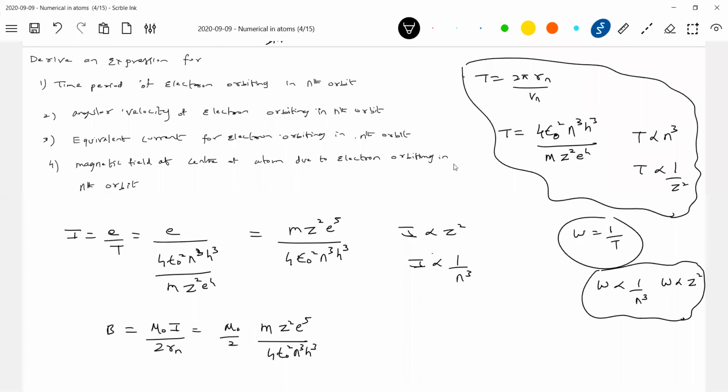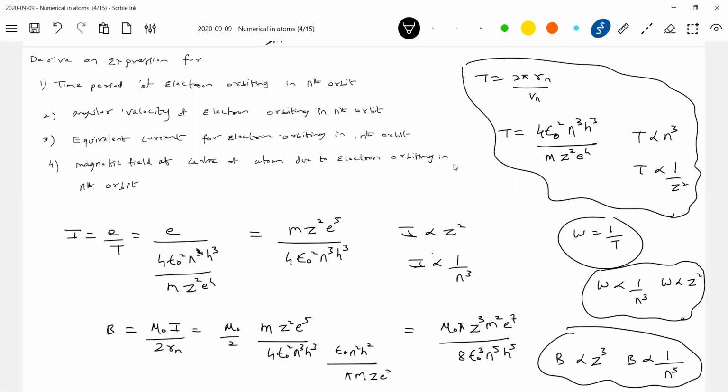What is the expression for the radius of the nth Bohr orbit? Epsilon naught n square h square by pi m z e square. Solving this, I'll end up with mu naught pi z cube m square e to power of 7 by epsilon naught cube n to power of 5 h to power of 5. So what is the magnetic field produced at the center? Proportional to z cube, inversely proportional to n to power of 5.